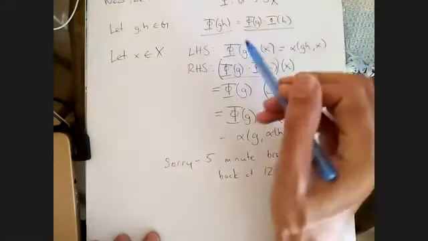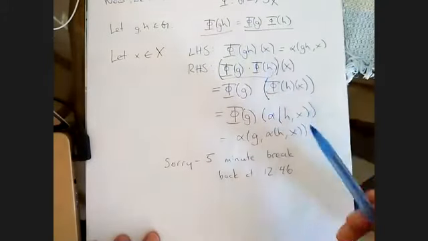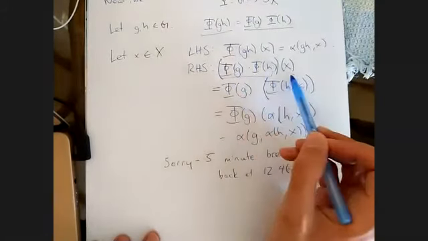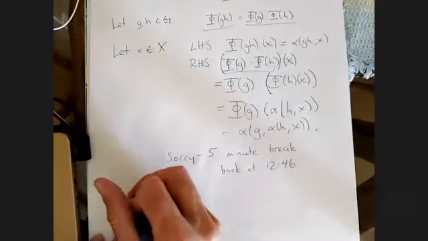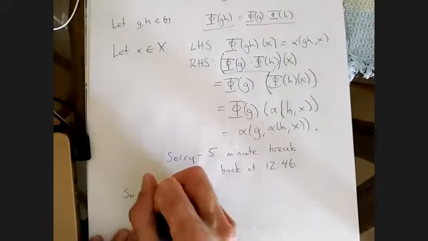So what we've shown is that phi of gh of x is equal to phi of g phi of h of x. Okay, so let's write that down.